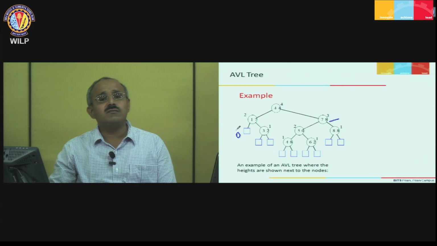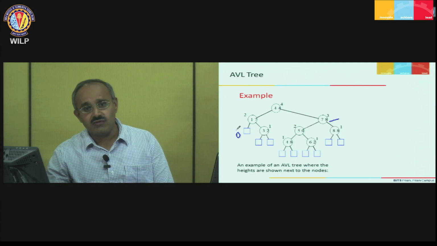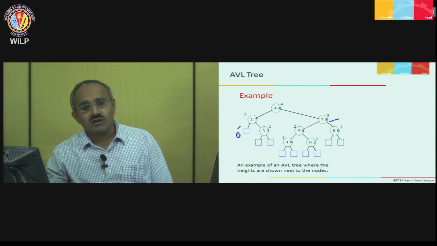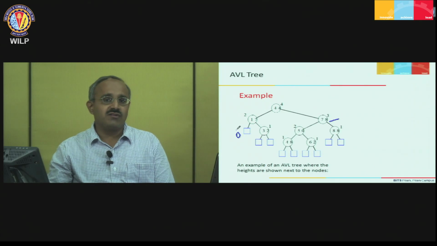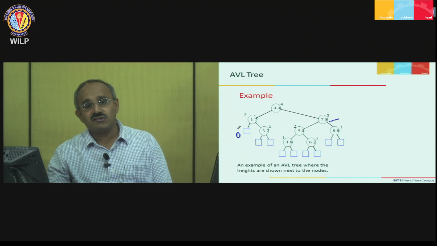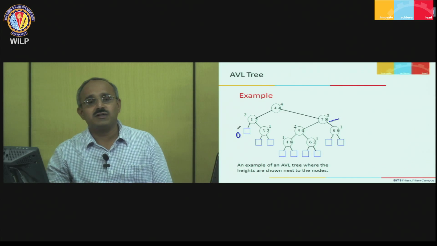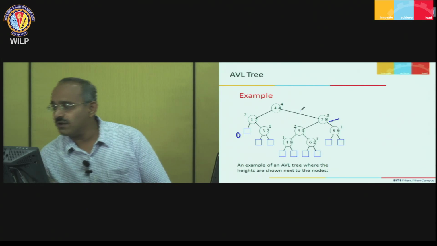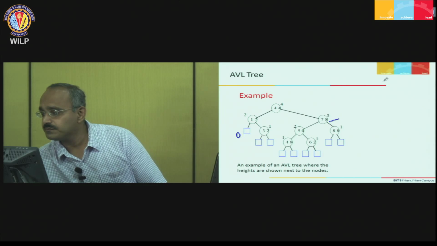Let us try to look at an example of a tree which is not an AVL tree and which essentially violates the height property and not the binary search tree property. So, what we will try to illustrate is a binary search tree in which the height property is violated. Let us start with the same tree and try to work it out.